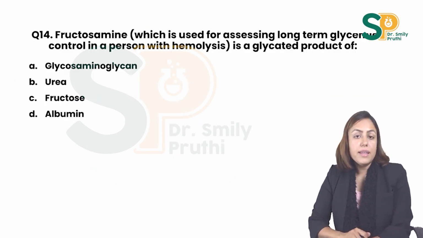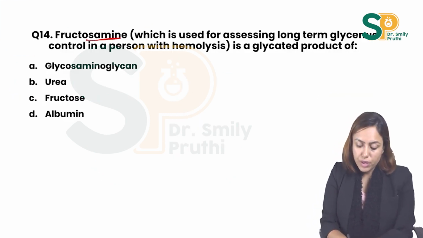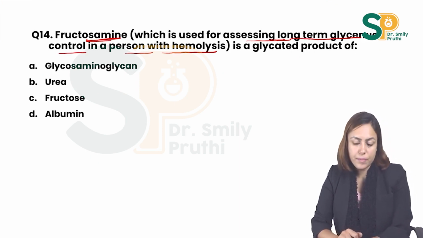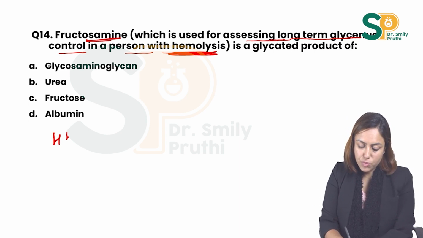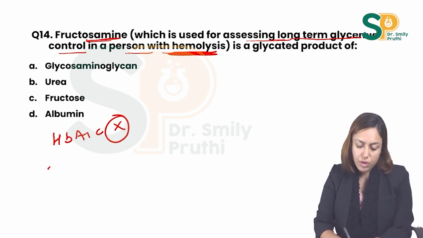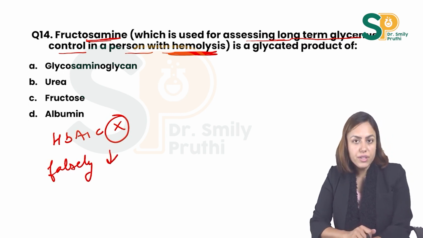18, right? Then the next question: fructosamine, which is used for assessing long-term glycemic control in a person with hemolysis, is a glycated product of what? See, in a patient with hemolysis, HbA1c cannot be done. HbA1c will be falsely decreased here, because there is damage of RBCs, so we have lost hemoglobin also, right?